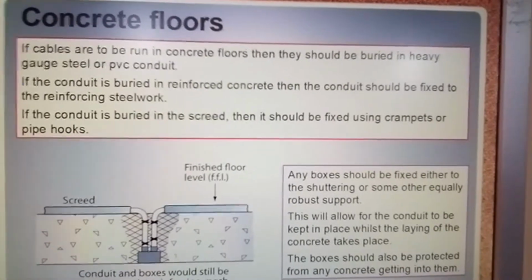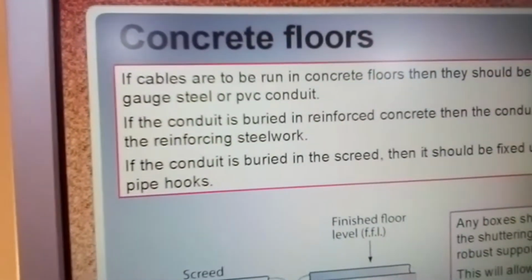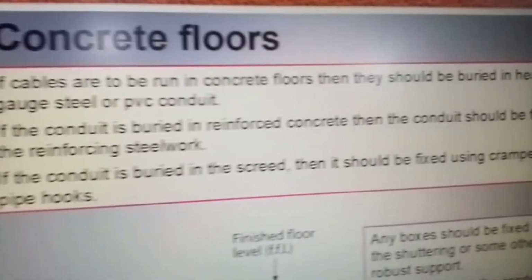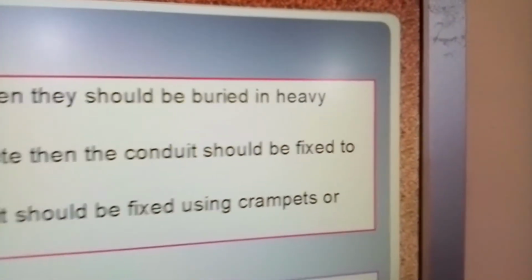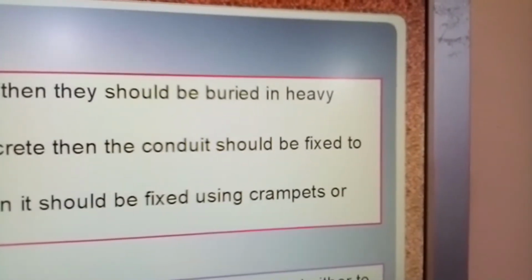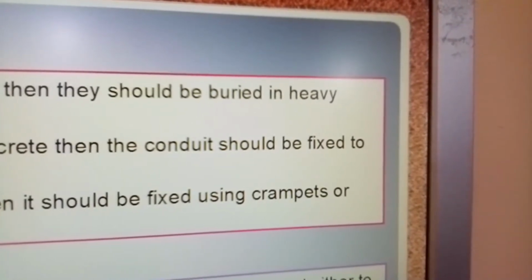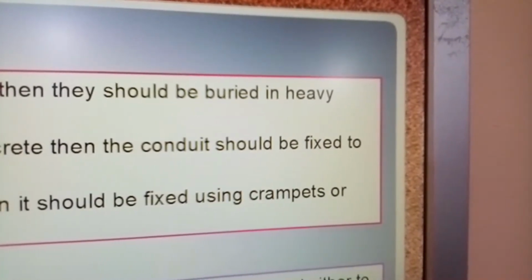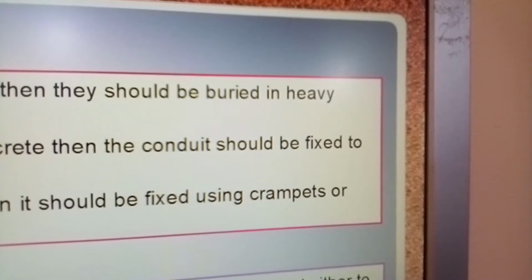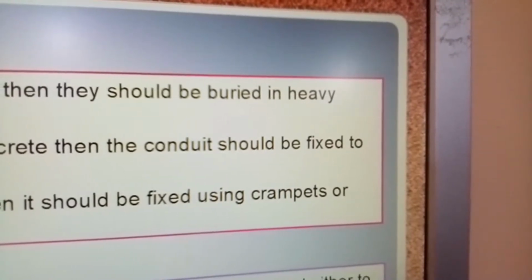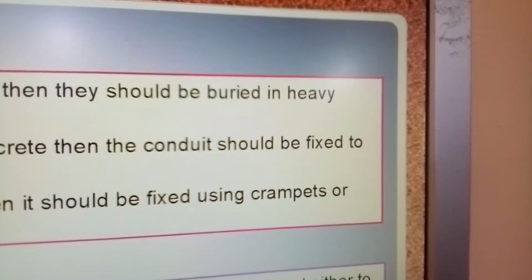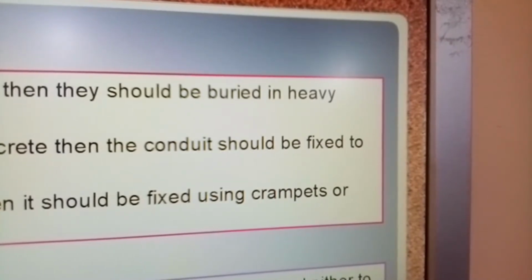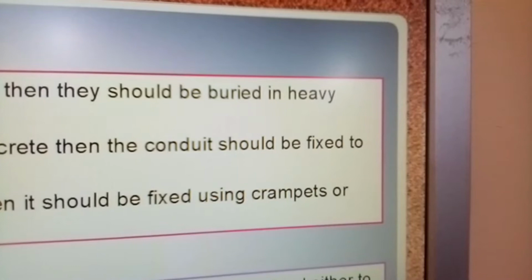Okay, concrete floors. Now, if cables are to be run in concrete floors, then they should be buried in heavy gauge steel or PVC conduit. If the conduit is buried in reinforced concrete, then the conduit should be fixed to the reinforcing steel work.